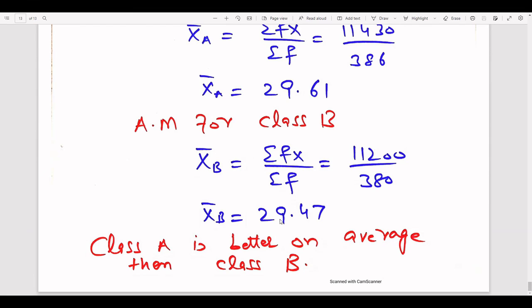Here the mean is 29.47. So class A is better on average than class B, because the average of class A is greater than class B. So we can conclude that class A is better on average.